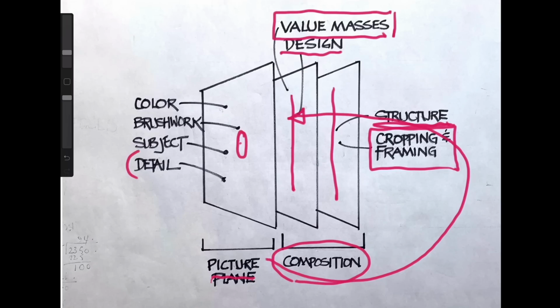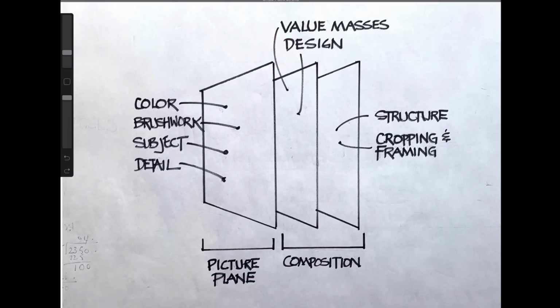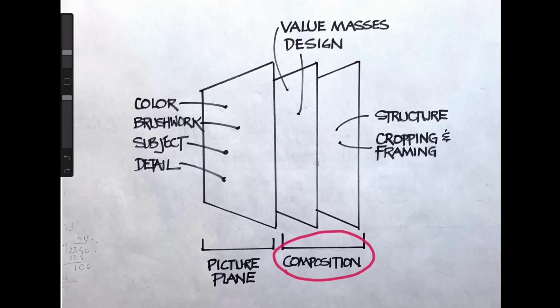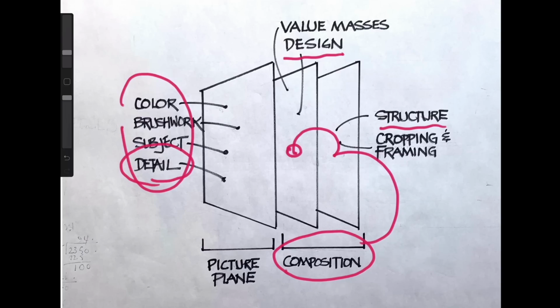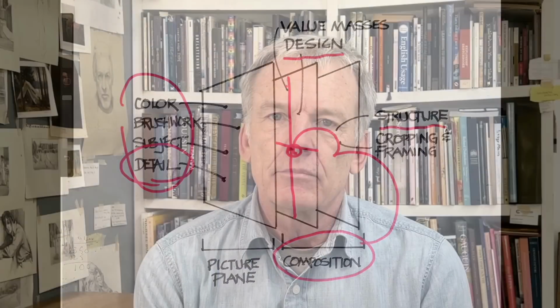Because if the detail isn't serving this, you leave it out. So everything is thought of first in terms of composition. That's the structure, the design, how they're working here and here. And when you take care of that, it lets you know that, oh, that detail's unnecessary. That detail's unnecessary. I don't need that either. You can eliminate a lot of things from here when there's a really good design structure here.